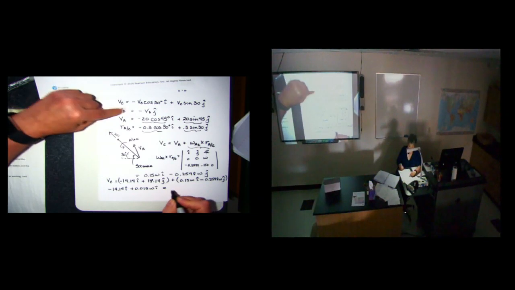We do the same analysis, and when I get that, I end up with 0.106 omega I plus, it's actually minus. You'll end up with two equations, two unknowns again, and you get 157.74 radians per second for omega, and you get 7.07 meters per second for VD.